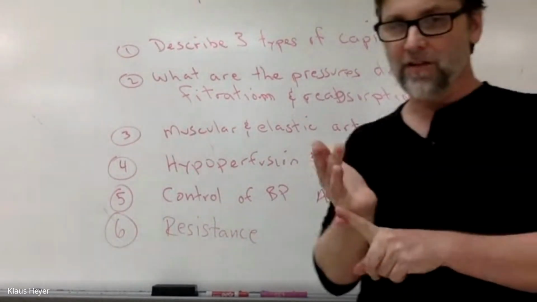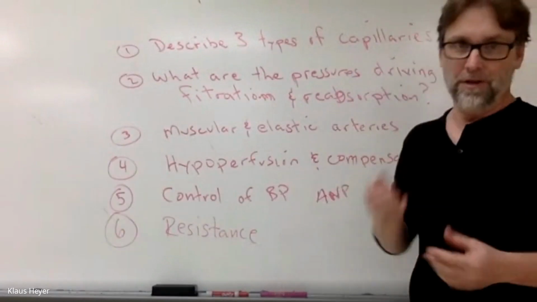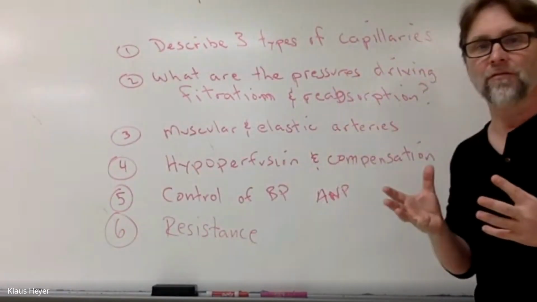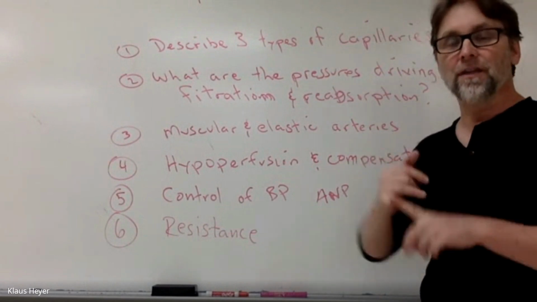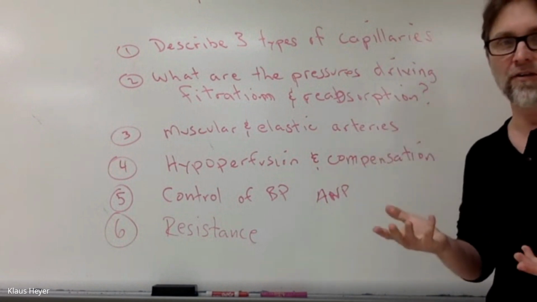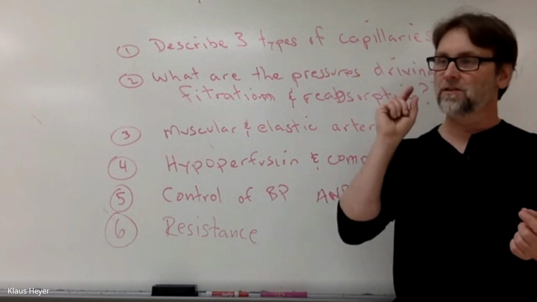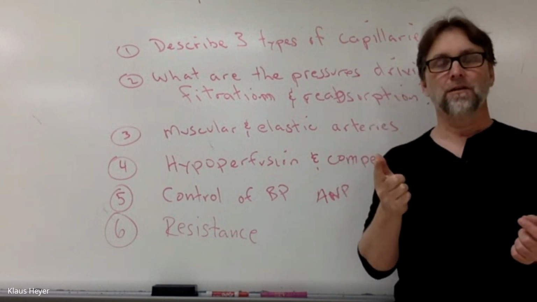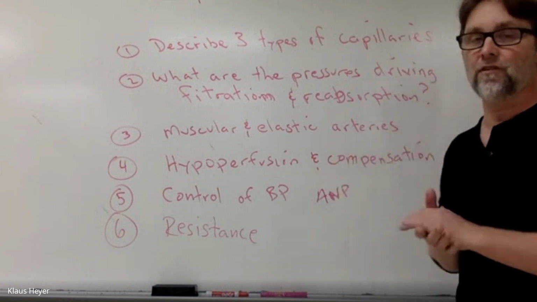The length of the blood vessel, the longer the vessels are, or the more vessels you have in your body, really, the more resistance you have. 2, the viscosity of the blood. The thicker that the blood is, the more resistance. So we call that viscosity. 3rd, the diameter of the lumen. So the smaller you make the diameter, the more resistance you have.